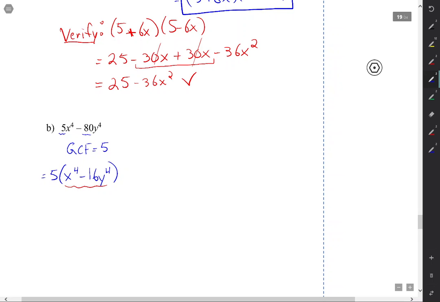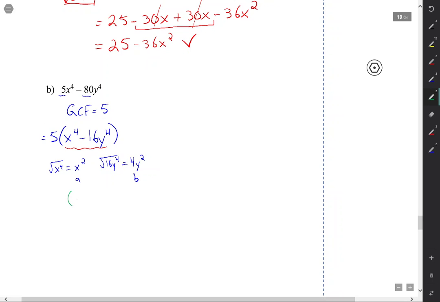So we can follow our rule. If we take the square root of x to the power of 4, that leaves us with x to the power of 2, which is our a value. And if we were to take the square root of 16y to the power of 4, we would be left with 4y squared, which is our b. So let's factor this here.